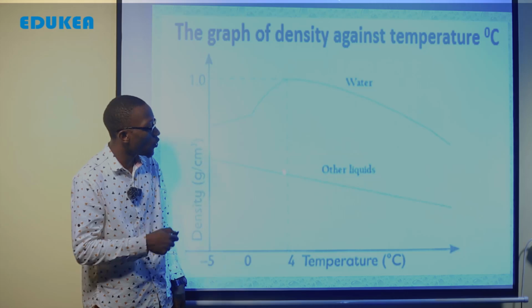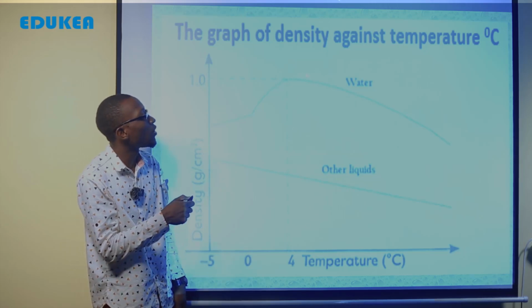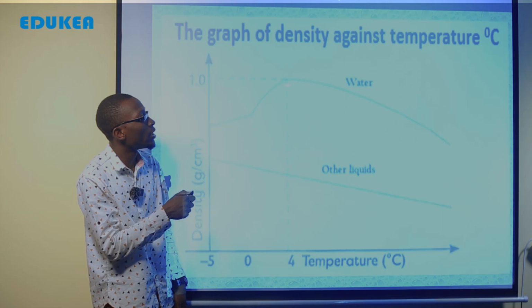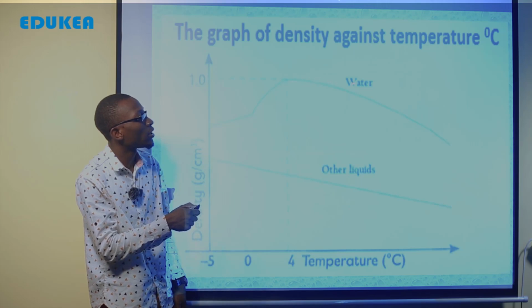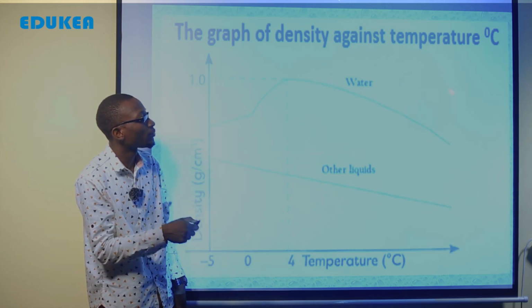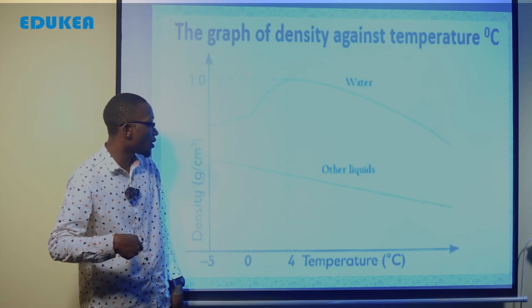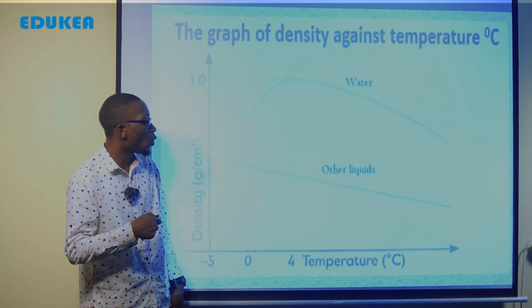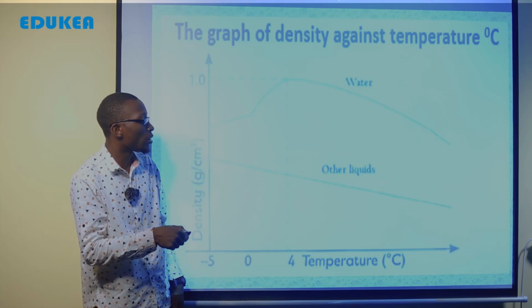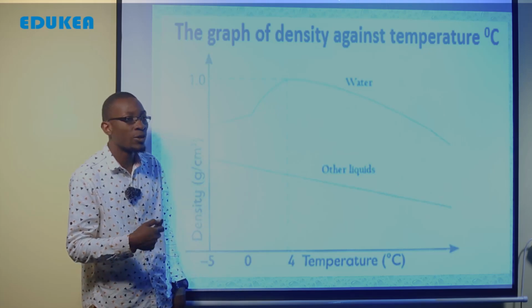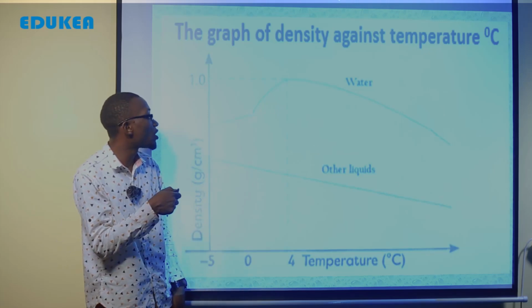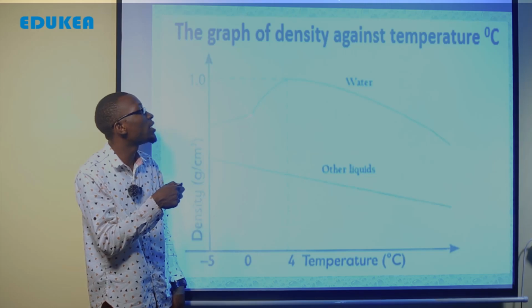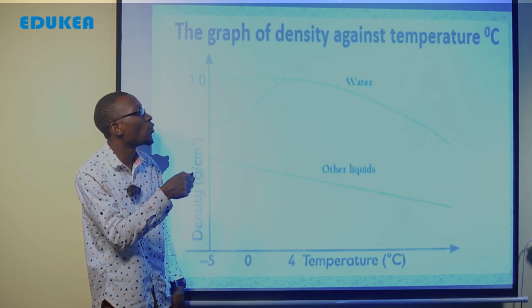It will decrease its expansion. So for other liquids, starting from -5, you see they tend to decrease like this one. But water has anomalous behavior: starting from 0 it tends to increase up to 4, and at 4 it tends to decrease. This is the graph of density against temperature.